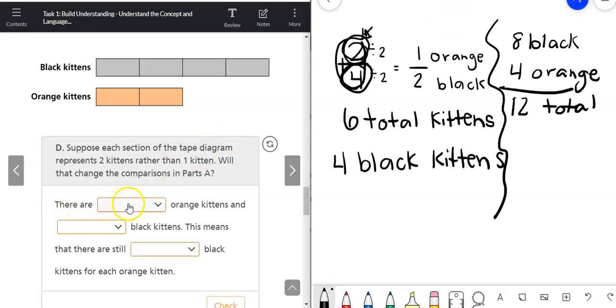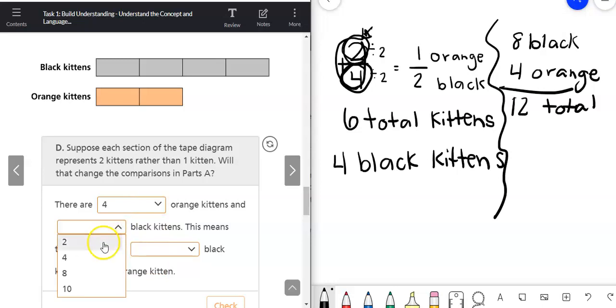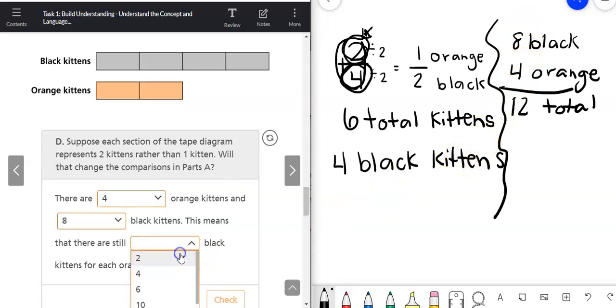So now there are blank orange kittens. If we look right over here, we said there are 4 orange kittens and we said there are 8 black kittens. I'm getting that from right here. This means there are still blank black kittens for each orange kitten.